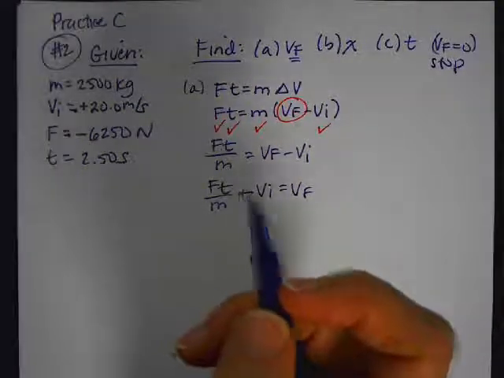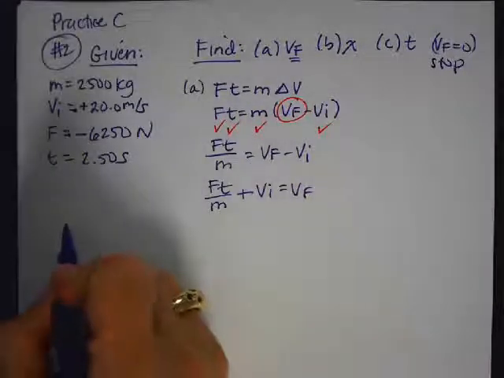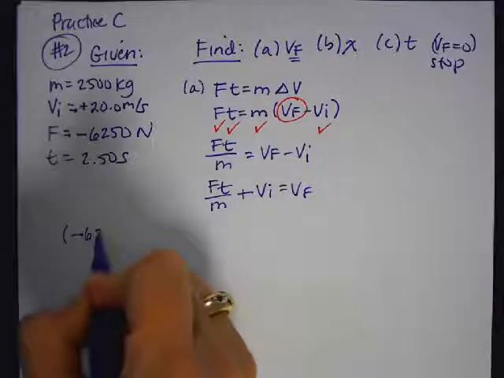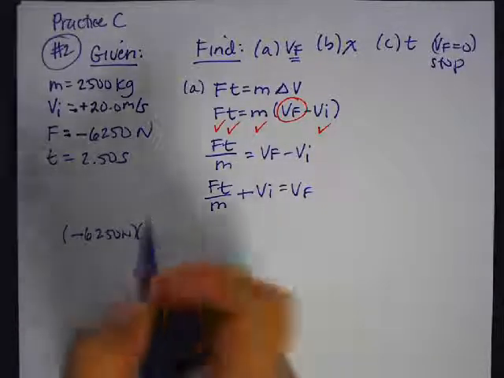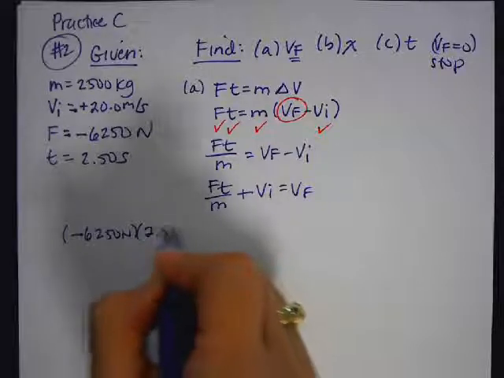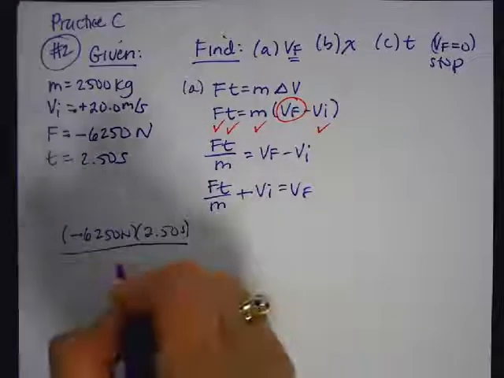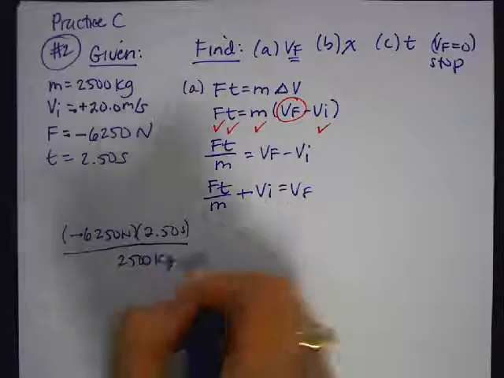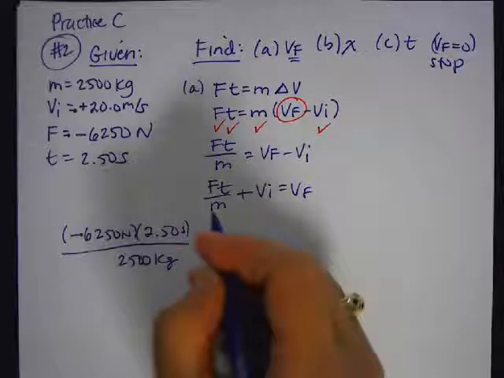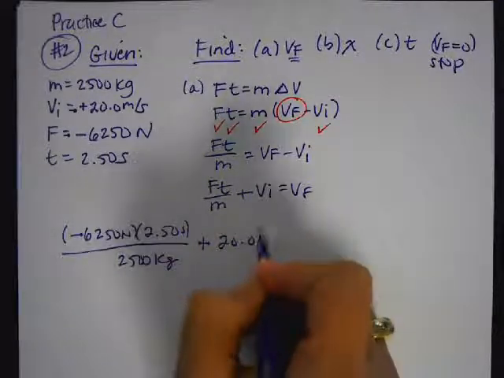So that comes out to be negative 6,250 newtons times 2.50 seconds divided by 2,500 kilograms plus 20 meters per second.